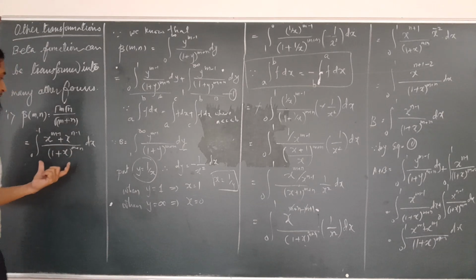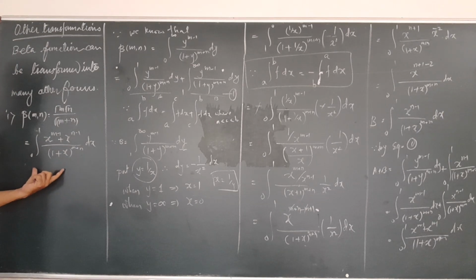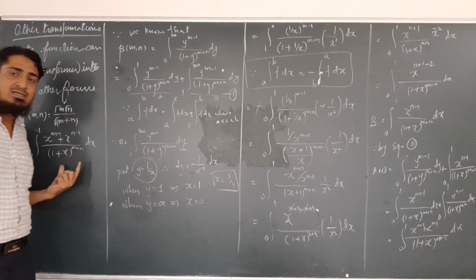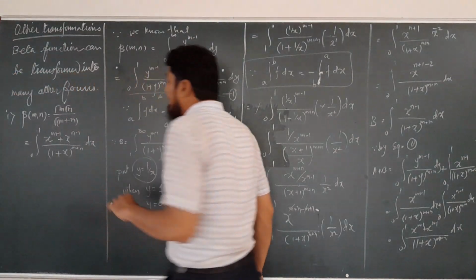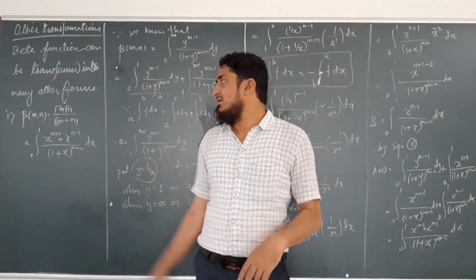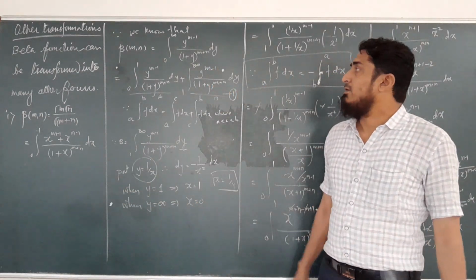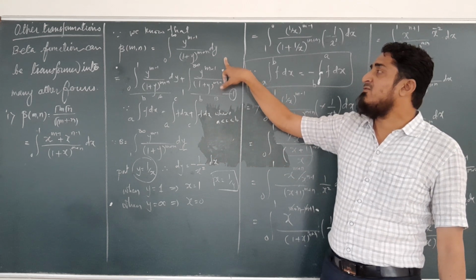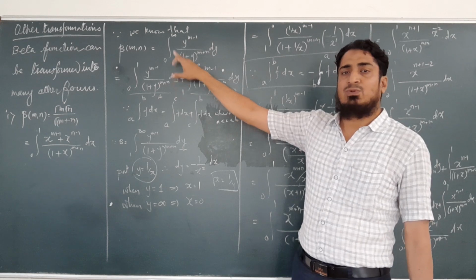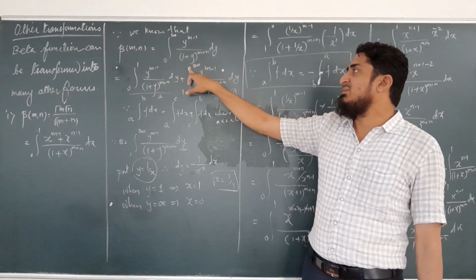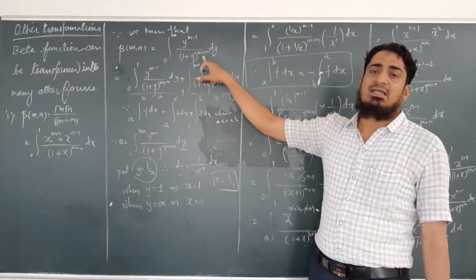We are going to prove integration from 0 to 1 x raised to m minus 1 plus x raised to n minus 1 upon 1 plus x raised to m plus n is the expression for beta mn, and we already know the value of beta mn function in integral form is integration from 0 to infinity y raised to m minus 1 upon 1 plus y raised to m plus n dy.